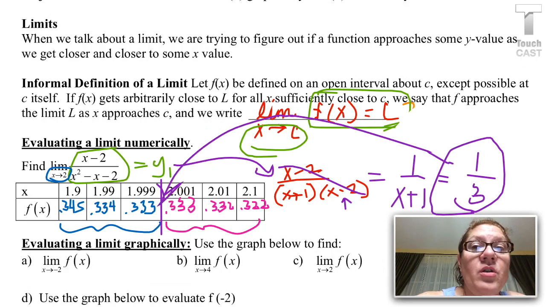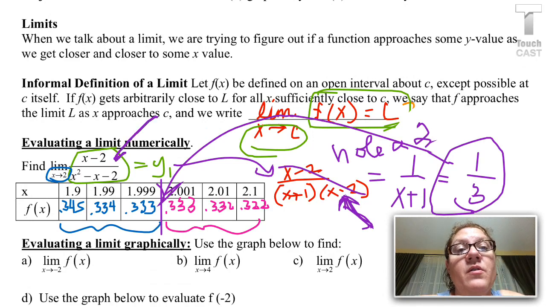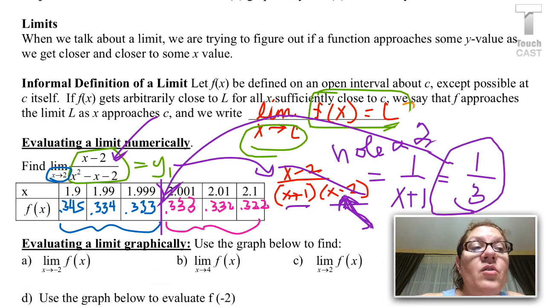Now, if I look at the graph of this rational polynomial function, I know that I'm not allowed to use 2, but because it cancels out, I get a hole at 2, so there's simply a hole there, not an asymptote. Remember, on these rational polynomial graphs, when you have these two numbers that you can't have on the bottom, they'll either give you an asymptote or a hole if the top and bottom cancel out together. So that's what I'm getting there.